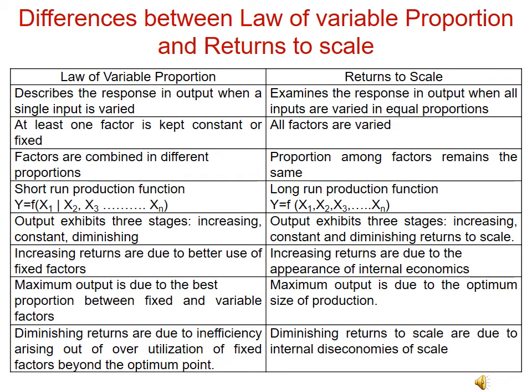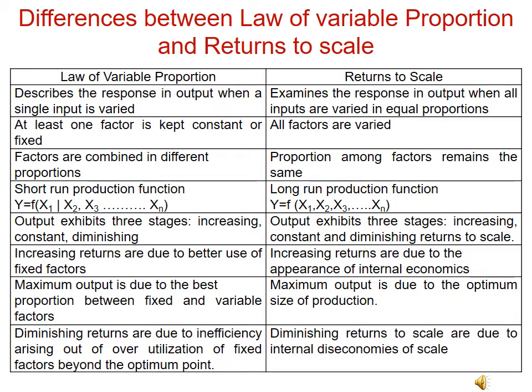So by now we have understood what is returns to scale, and in our previous lectures we also came to know about different laws of returns, and one of such law is law of variable proportion. And this law of variable proportion and returns to scale looks somewhat similar. Although there are similarities between these two laws, there exist some differences too.